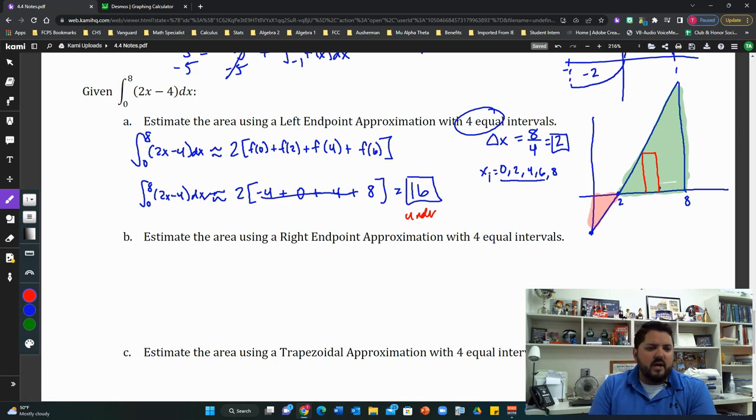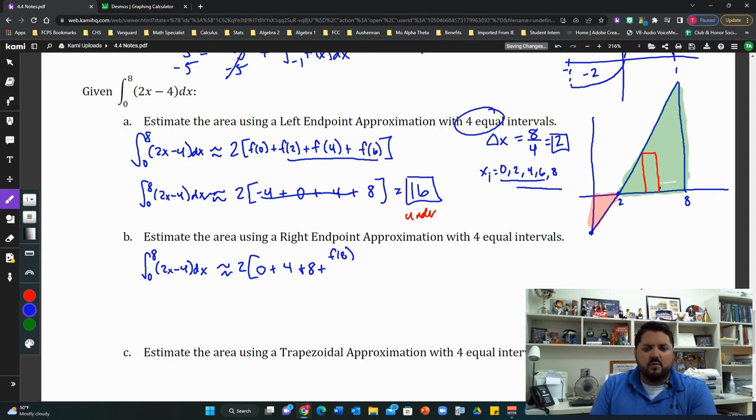Now, if we flip things around and use the right endpoint estimate, I have the exact same integral defined, and it's approximately equal to, with the same delta x, still 2 units, but now I'm using these 3 values and 8. So right endpoints: f of 2, f of 4, f of 6, and then f of 8. I already know these 3 values, the last 3 here: 0, 4, 8. So the only one left to evaluate is my last one, f of 8, which we already did earlier.